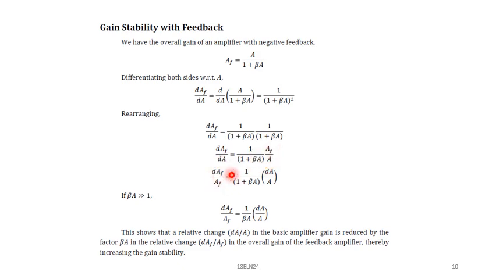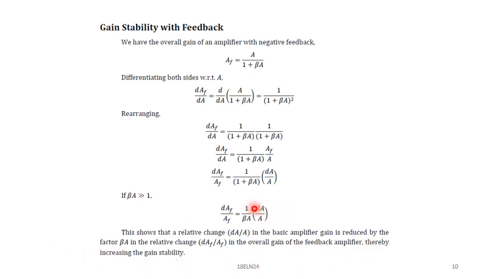So I can write dAF by AF is equal to 1 by 1 plus beta A into dA by A. If beta A is very much greater than 1, then dAF by AF is equal to 1 by beta into A, dA by A. So this shows that a relative change of dA by A in the basic amplifier gain is reduced by the factor beta into A in the relative change of dAF by AF in the overall gain of the feedback amplifier, thereby increasing the gain stability.